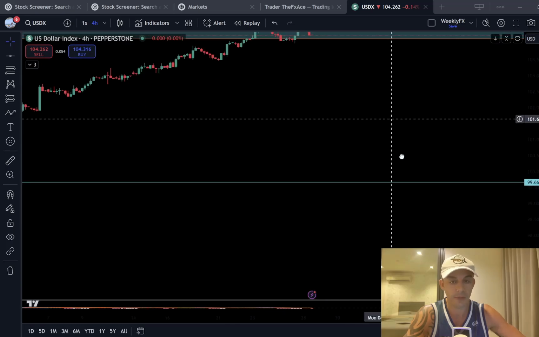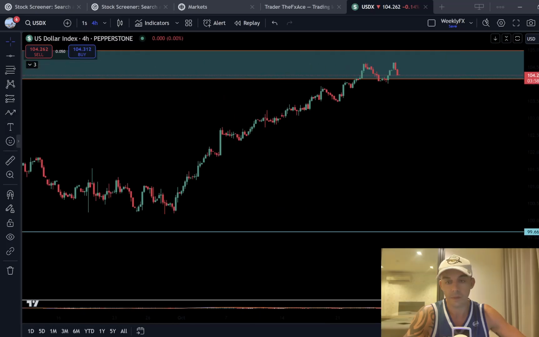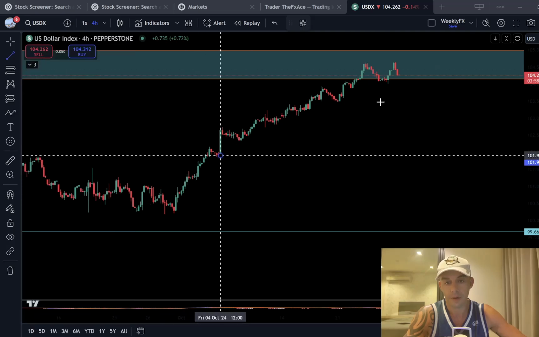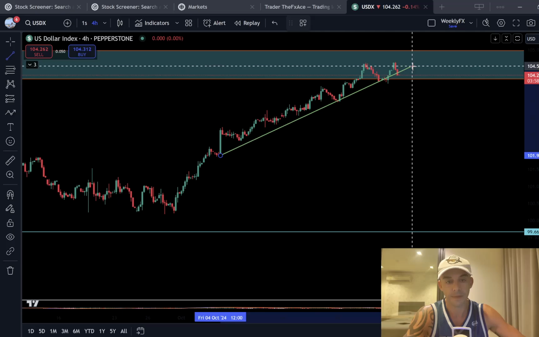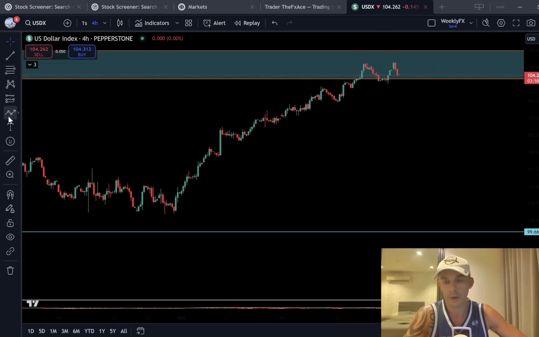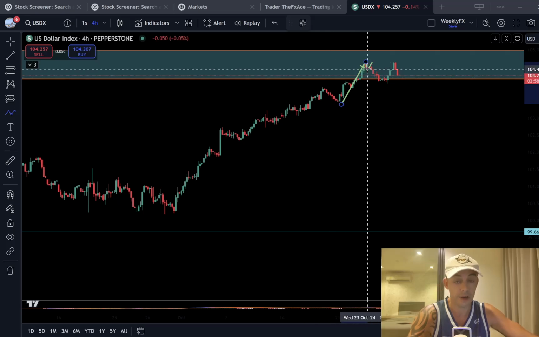What I'm looking at here is we can see we have a trend line up here, and then we had this leg up into the green, into our sell zone.